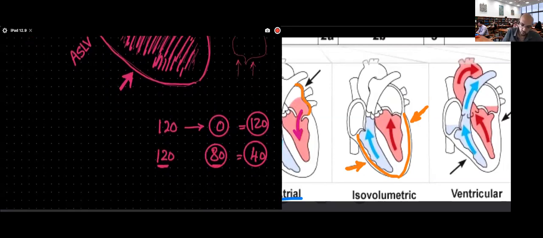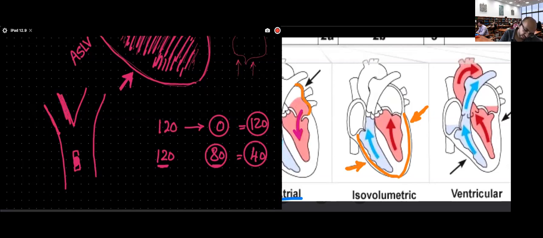If you have two roads and you're traveling with your car, you see a smaller road, narrow, with a lot of resistance. This is the aorta. It has 80 millimeter mercury as a resistance. And another road which is clear, much wider, has 0 resistance.